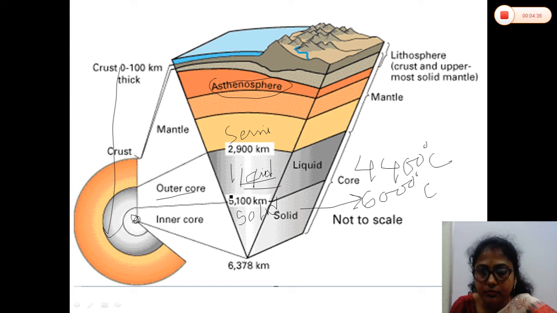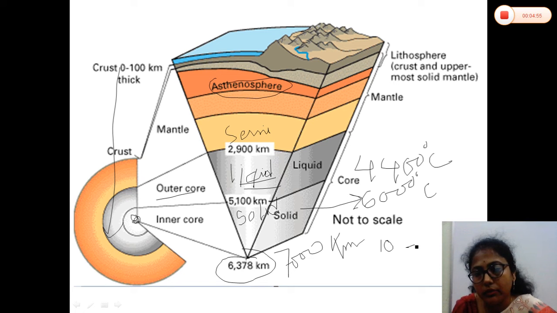So because of extreme pressure, although the temperature is high, the matter will be in the solid state. What is the actual depth of this core? The core's actual depth is 6378 kilometers, but in your book the approximate depth is given, so read that only, 7,000 kilometers. Here the density of the matter is about 10 to 12 gram per cm cube.